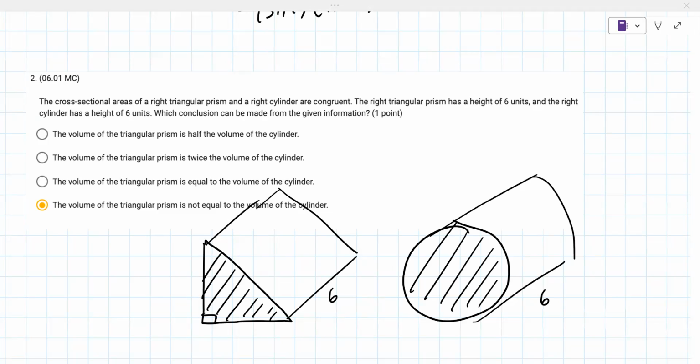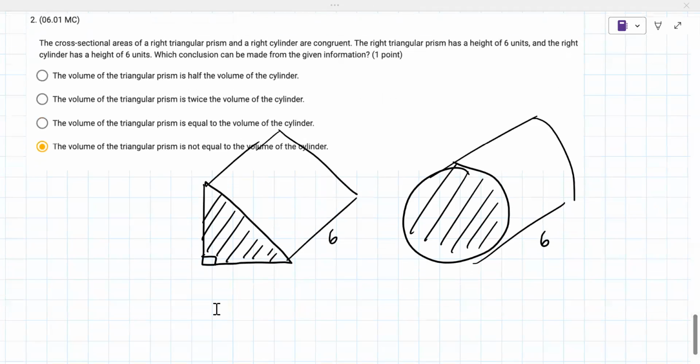Does that make sense? Because the front face is the same, the volume for both of these is the base, which is the cross-sectional area, times the height. Volume is the base times the height here. Got it.